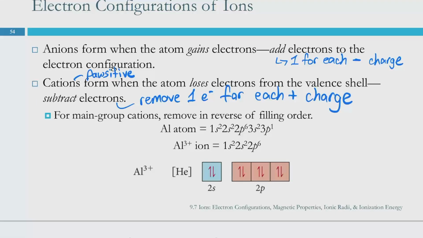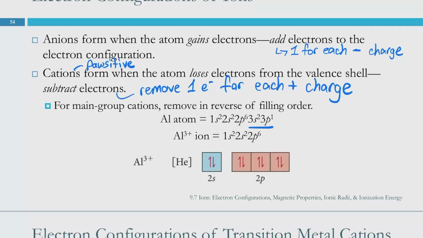So for example, our aluminum atom, if we've got Al3+, we're taking off all of our valence electrons, our 3s2, 3p1, they're gone. We strip it down to having the neon gas configuration, which has our 2s2, 2p6.